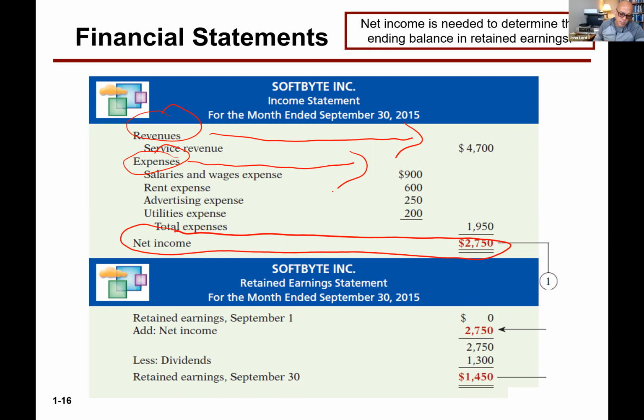So the income statement covers a period, for example, this one you say is for the month ended September 30th. So this is one month's worth of information. Most financial reports that you probably will look at, the income statement covers 12 months from January 1st to December 31st.